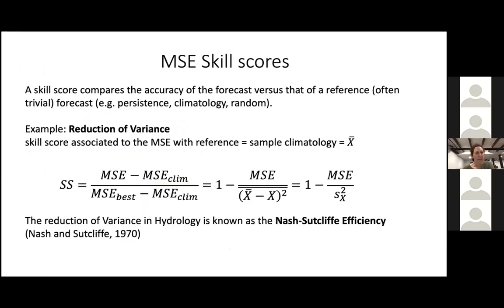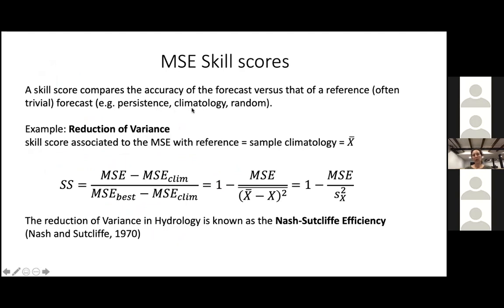Skill scores. Skill scores, Barb went through this yesterday, compare the accuracy of a forecast versus the accuracy of a reference, or a trivial forecast. For example, this could be the persistence forecast, which is suitable for sea ice forecast, or climatology.